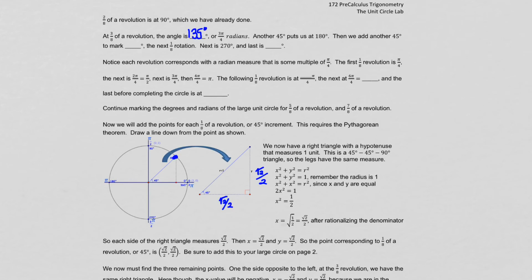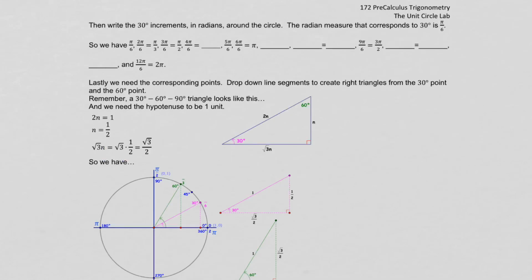And also, you can write them here. You can see we started with pi over 6. Then we went to 2 pi over 6, or pi over 3. Then 3 pi over 6 was pi over 2. Can you see what I'm doing here?